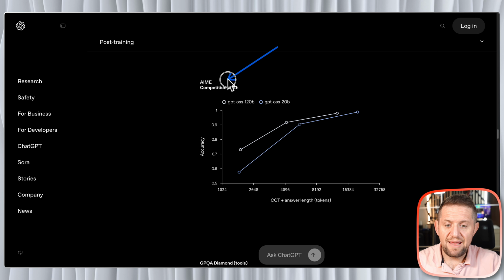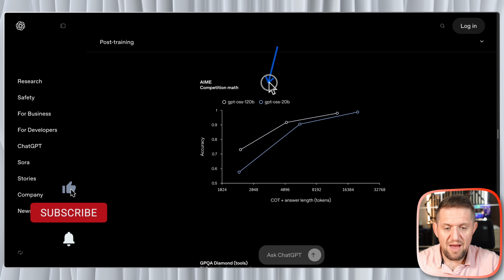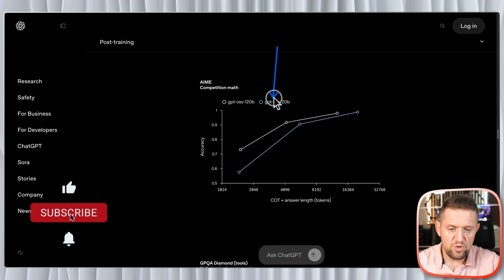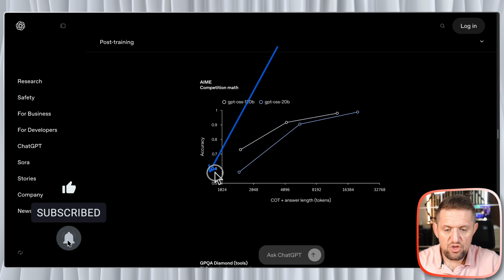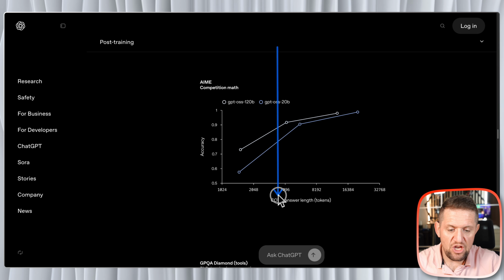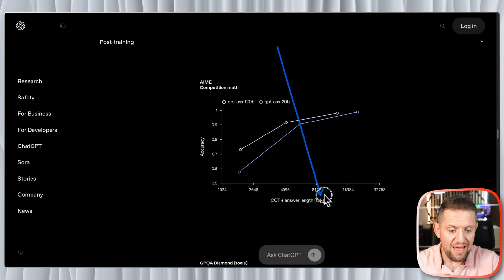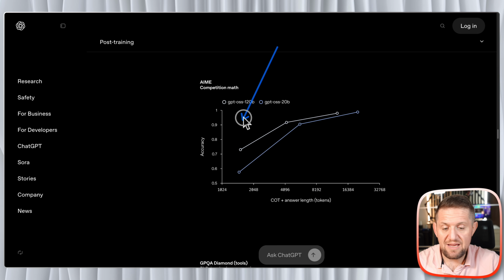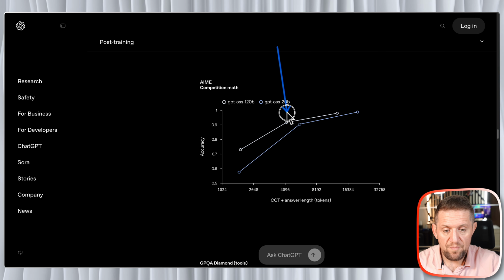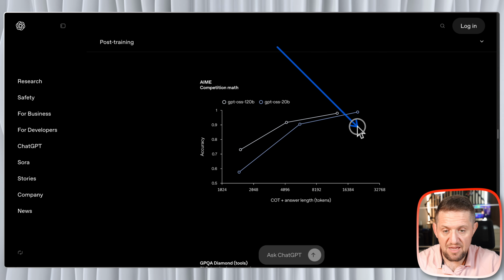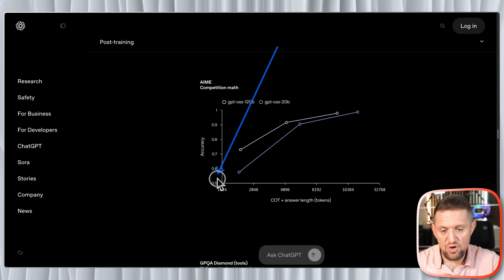Here again, they're showing the competition math benchmark. They're showing both models, the 120B and the 20B, and they're showing it against the chain of thought plus the answer length tokens. I assume these are the three different settings, so low, medium, and high reasoning effort, and you can see the accuracy of answers.